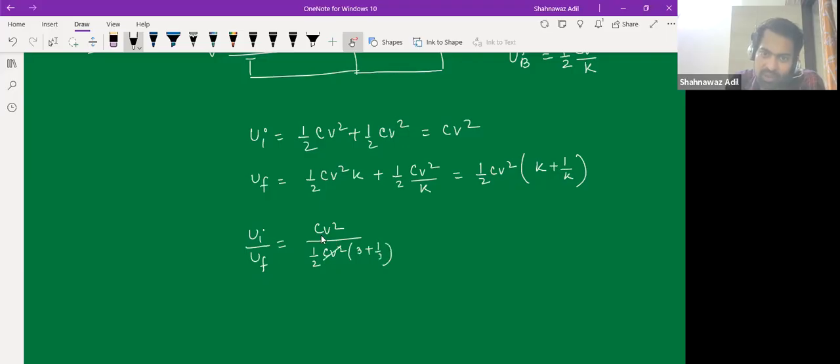So CV square will cancel, 2 will go upwards, and this is 9 plus 1 by 3. Then this 3 will go upwards, and this is 10. So this would be 3 by 5. So this is the ratio.